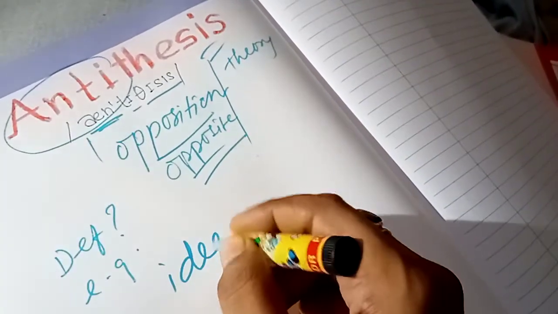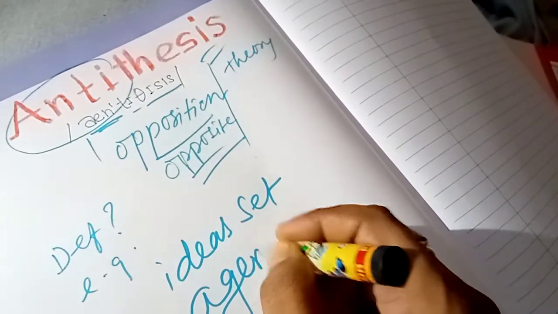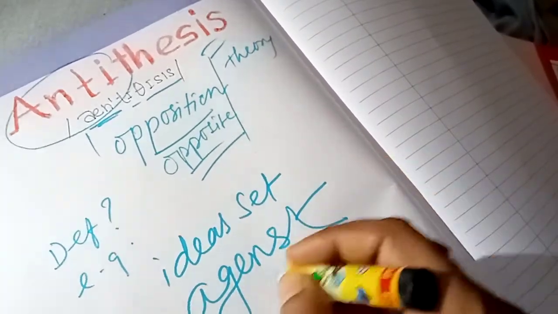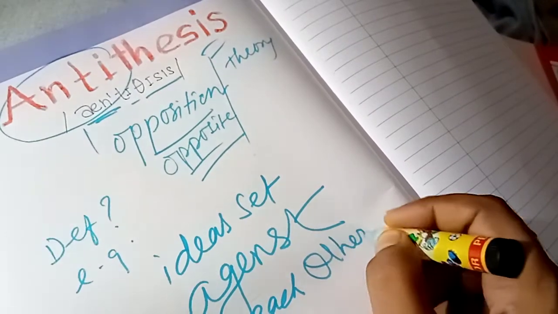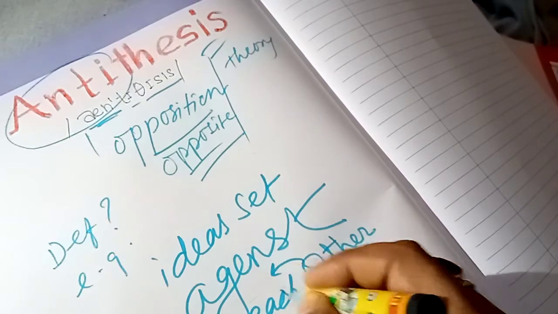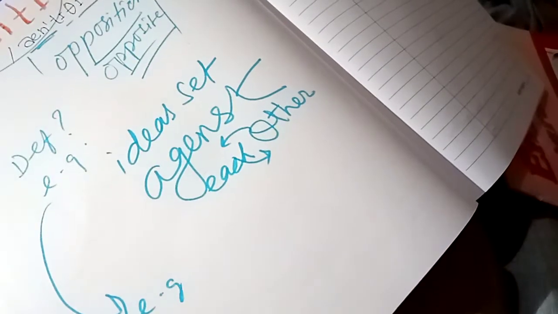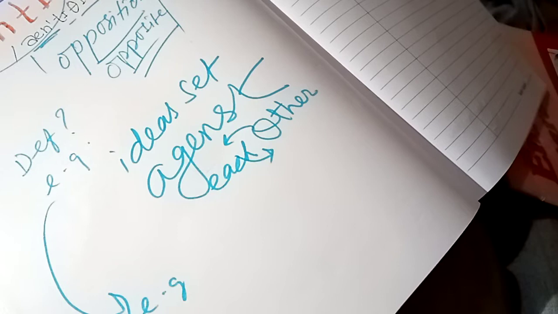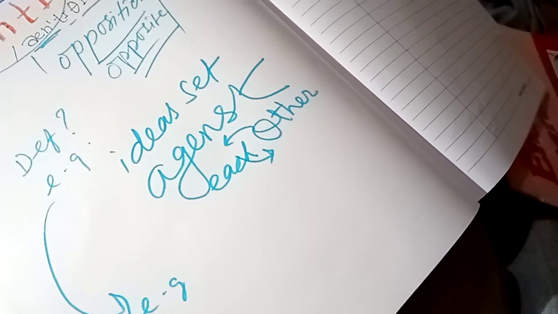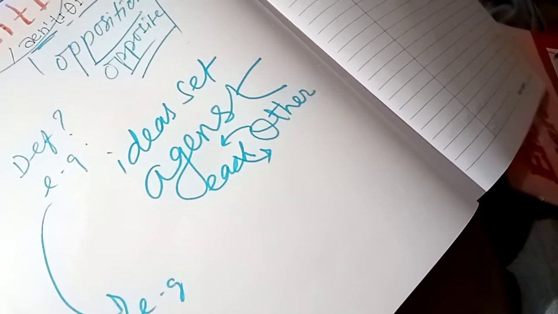Ideas set against each other. Then what did you understand by antithesis? That is, ideas set against each other.